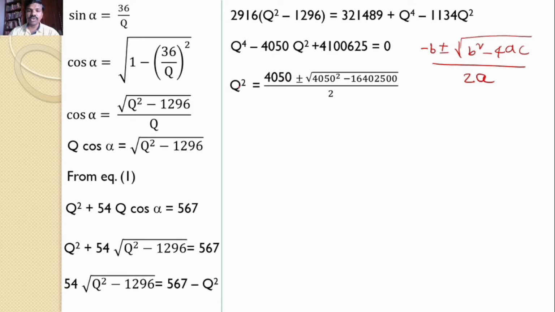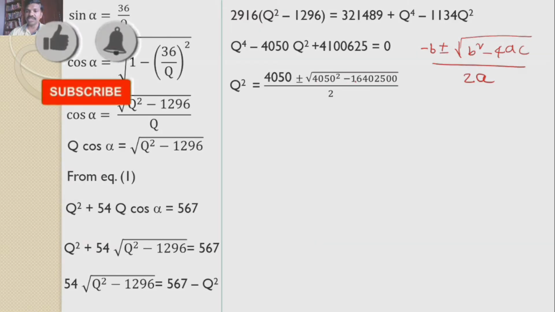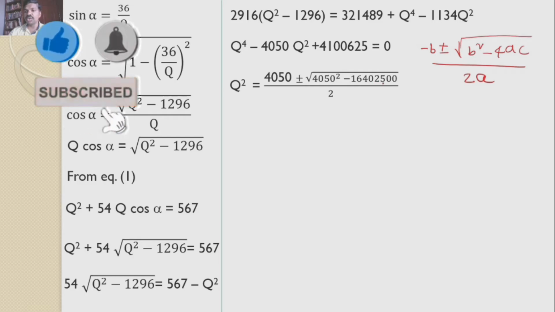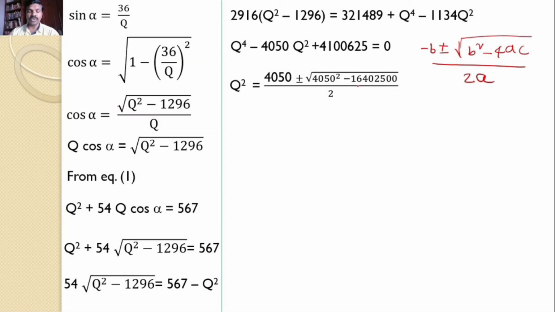By substituting into this equation, you will get q square is equal to 4050 plus or minus square root of 4050 square minus 16402500, whole divided by 2. So this you can solve. Upon solving this equation, you will get q square is equal to 2025.